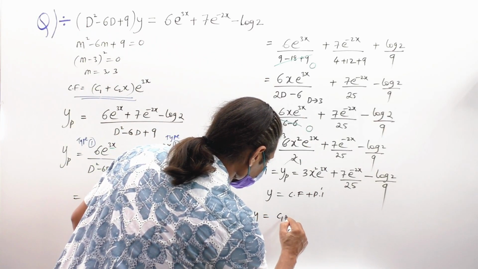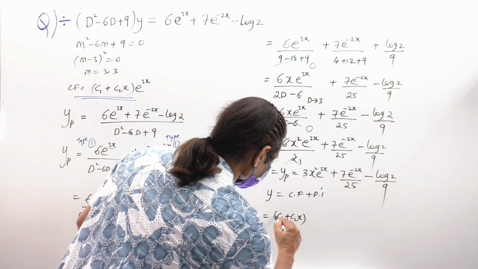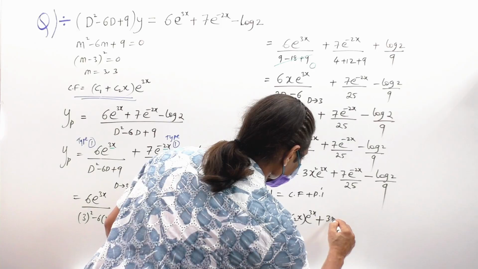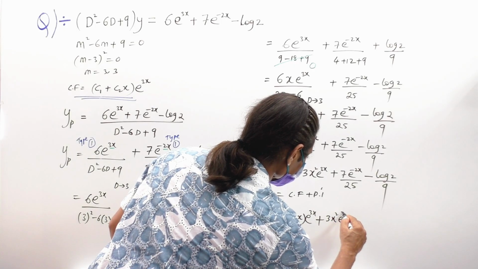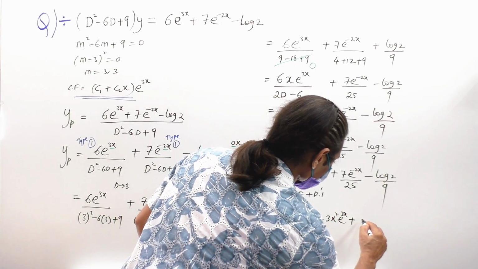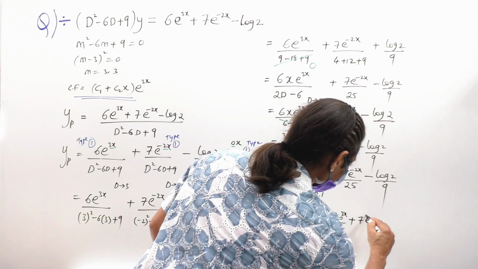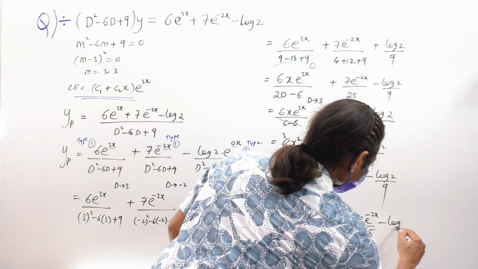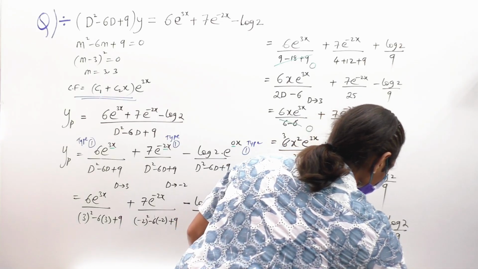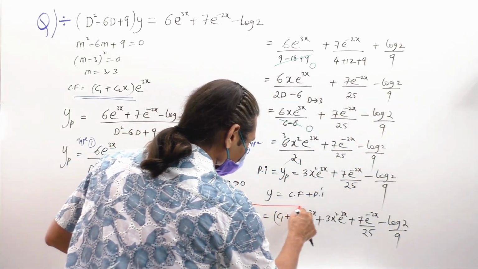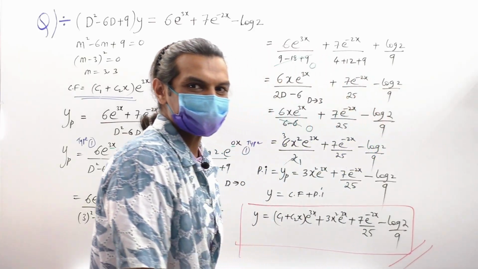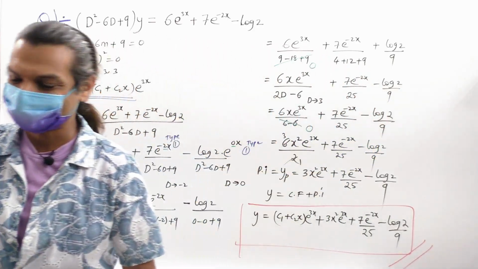CF is c1 plus c2x whole into e raised to 3x plus 3x square e raised to 3x plus 7 e raised to minus 2x by 25 minus log 2 by 9. Beautiful solution. So, you have to represent the solution like this to get the entire 7 marks. That is how it is done.